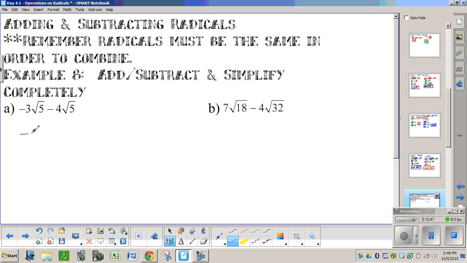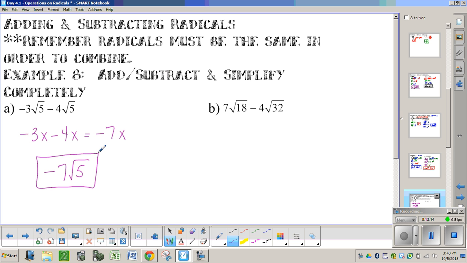If you can, think negative 3x minus 4x. If I asked you to combine those like terms, you'd tell me the answer was negative 7x. You're using that same concept when it comes time for radicals. So negative 3 radical 5 minus 4 radical 5 gives negative 7 radical 5 for an answer. Just keep in mind, you're combining like terms.